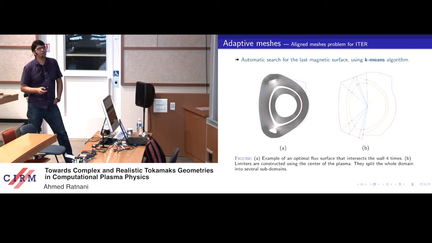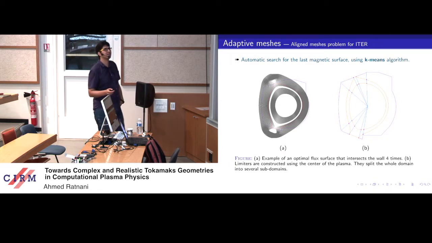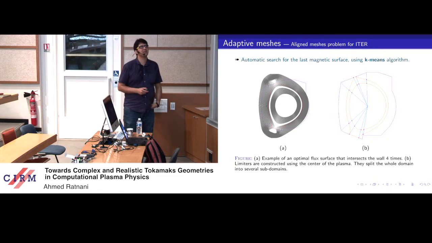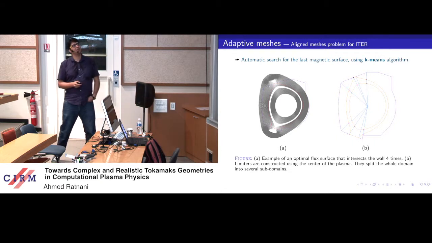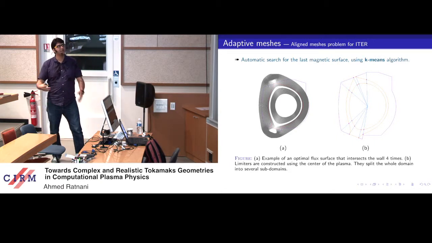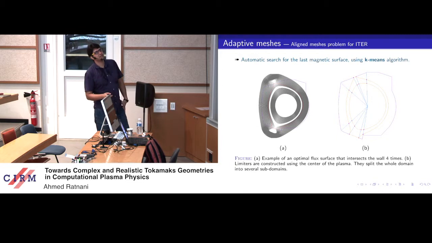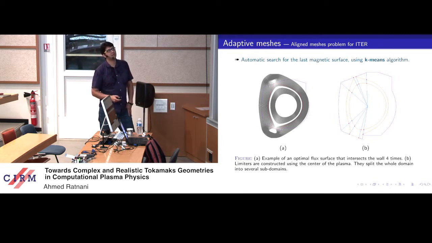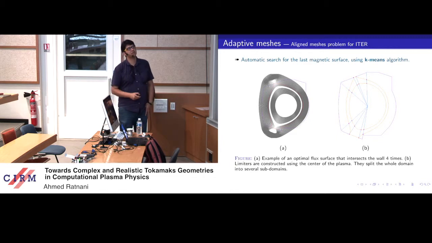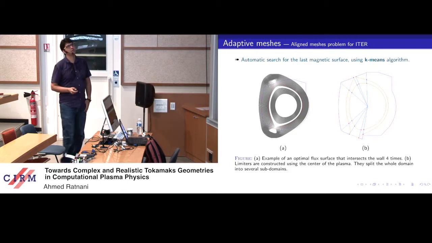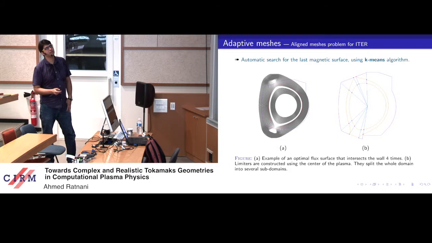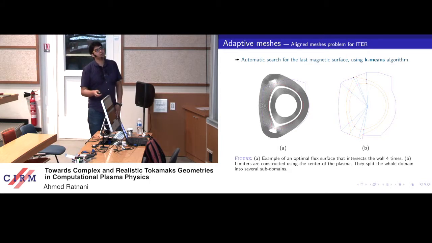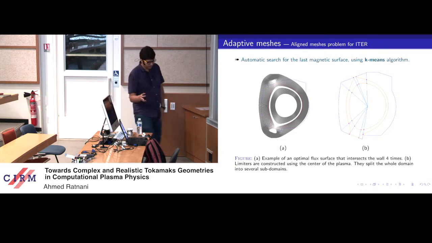And then we have an algorithm based on k-means that finds the best magnetic surface that ensures you have the biggest area here, because this is what we are interested in, because the heat flux will be on the divertor here. Okay, and then you can compute the corresponding mesh.